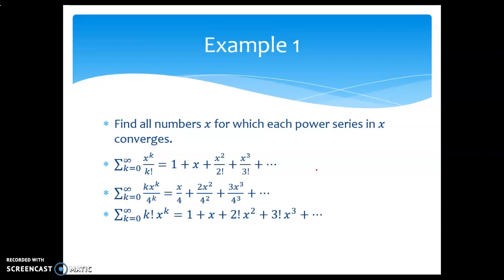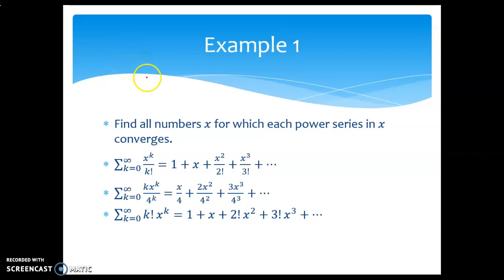Now we're going to discuss how we actually determine whether this converges or not, and what values of x make this power series converge. First we're going to use the ratio test.